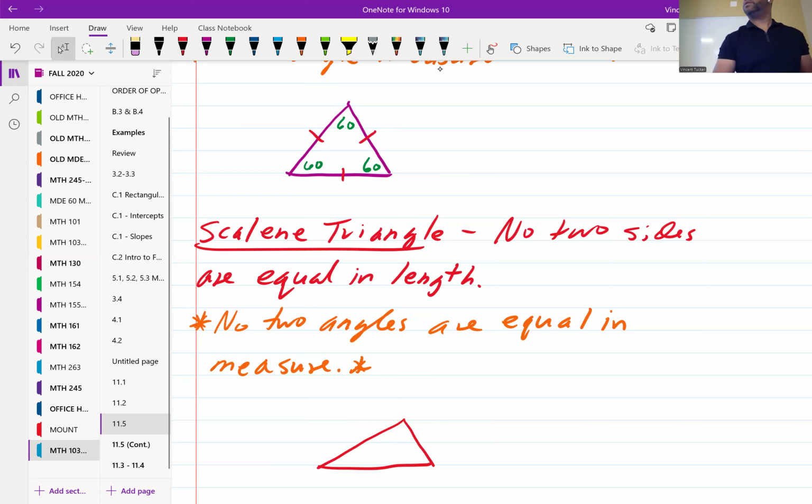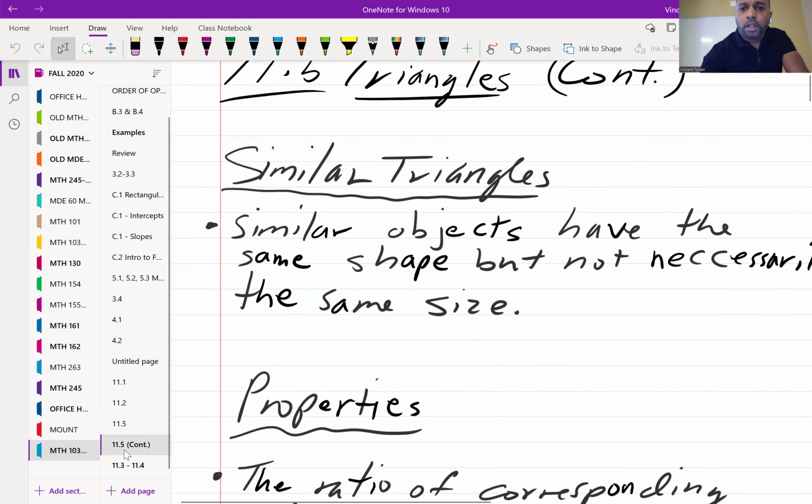All right, everybody good? Good, good, good. All right, let's go to the next page. Still the same section.